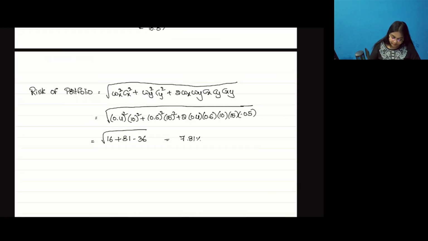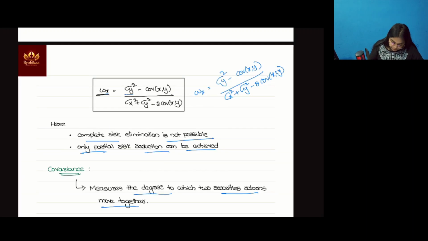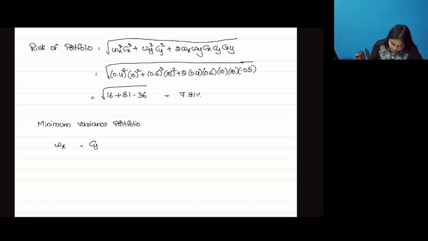So we'll write here the minimum variance portfolio. Weight of x equals sigma y square minus covariance of x comma y, divided by sigma x square plus sigma y square minus 2 covariance of x comma y.